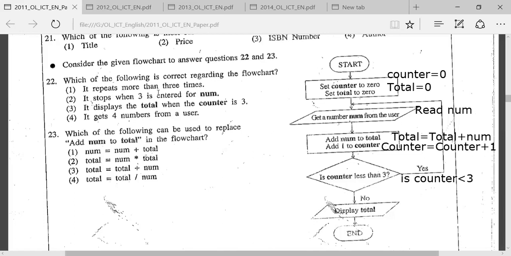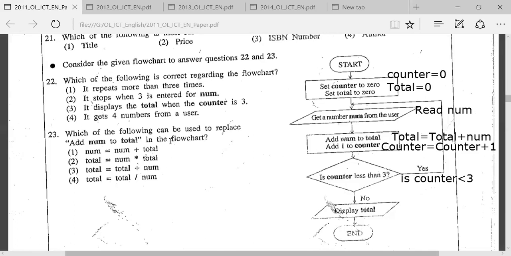It repeats more than 3 times. It stops when 3 is entered for a num. It displays the total when the counter is 3. It gets 4 numbers from the user. Now you can realize the usage of trace table. The trace table concept was already discussed in our class.